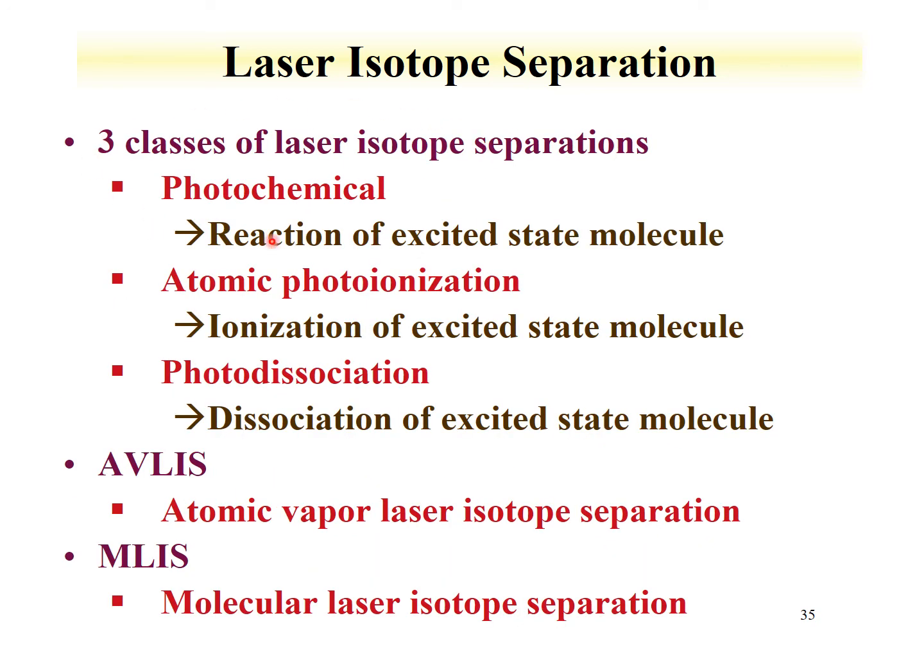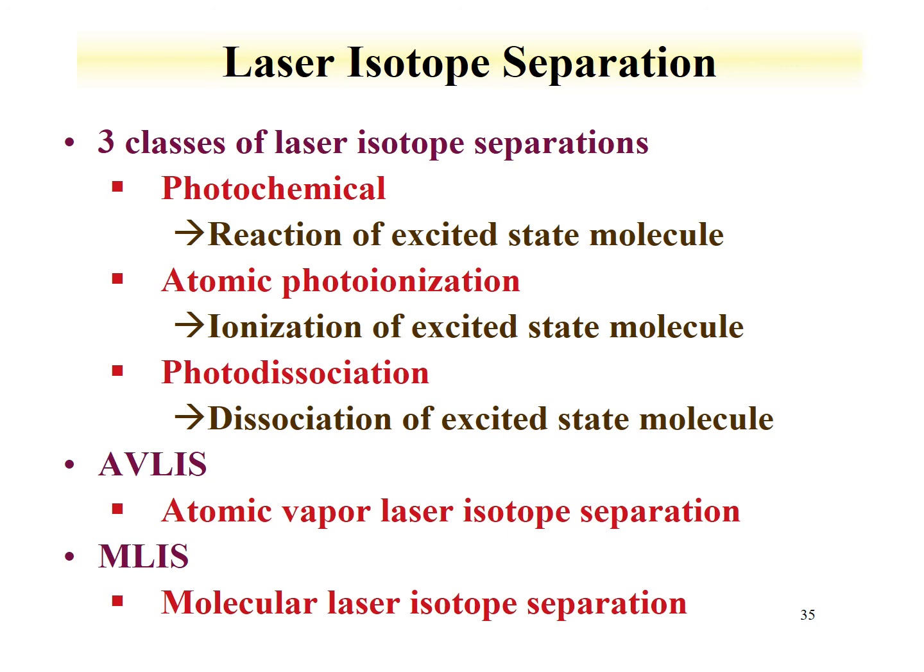There are three classes of laser isotope separation: photochemical, atomic photoionization, and photodissociation. The photochemical is a reaction of an excited state of the molecule, so that the isotope that's preferentially excited will have a different excited state that can be reacted.